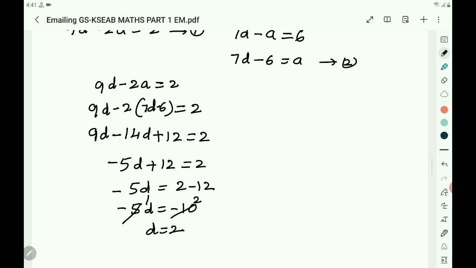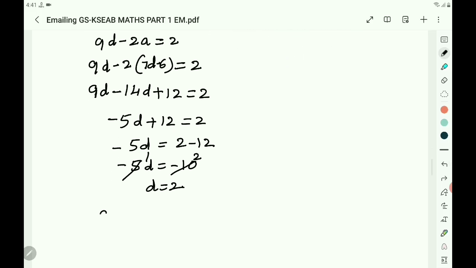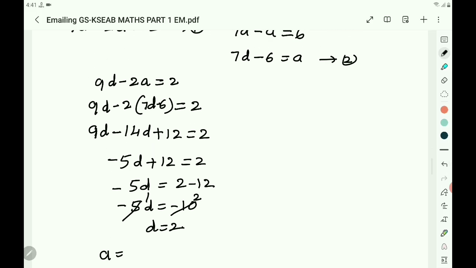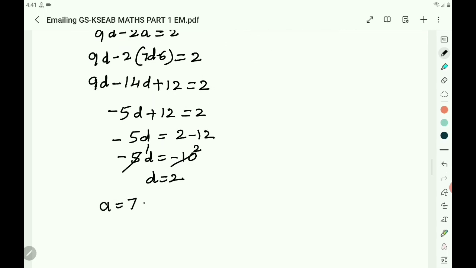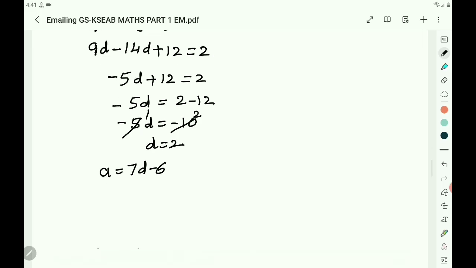Then you take this d and substitute in the second equation. Write the second equation. What is a here? a is equals to 7d minus 6.